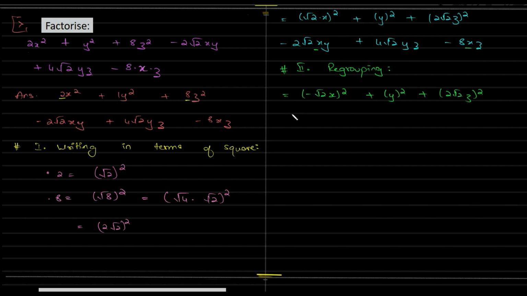And now the trick here is writing it as 2 into a into b plus 2 into b into c. So always cross verify. Plus into minus is minus, 2 into √2 is 2√2, x into y is xy. Correct. Again plus 2bc: 2 into 2 is 4√2, 4√2, and everything else is okay.